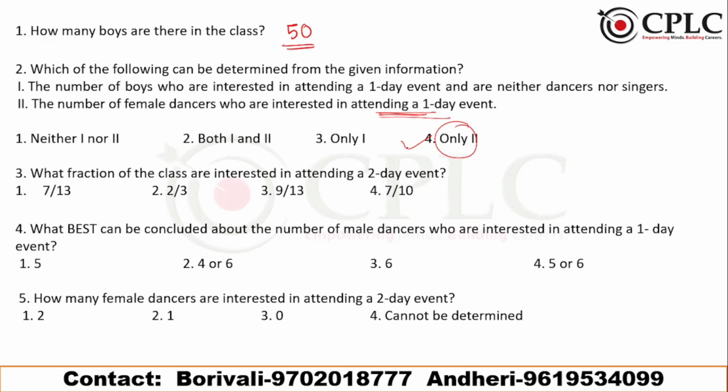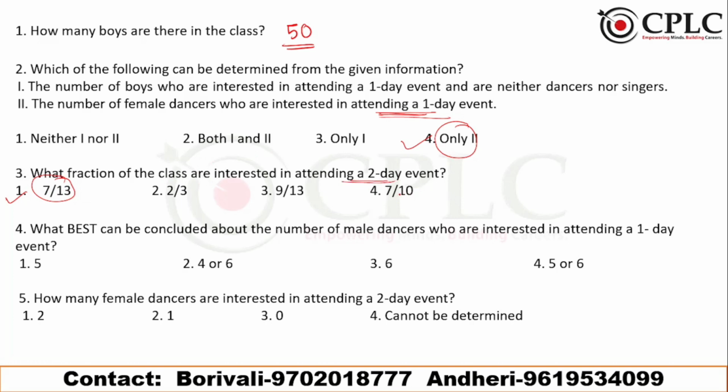Third question, what fraction of the class are interested in attending a 2-day event? So interested in attending a 2-day event, the fraction, total number of people, should be the denominator. Numerator should be the number of people who are attending a 2-day event.